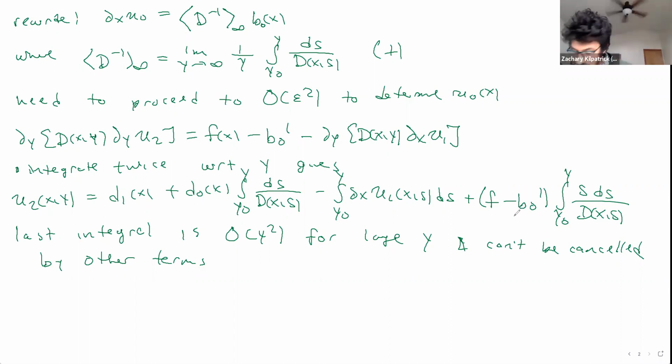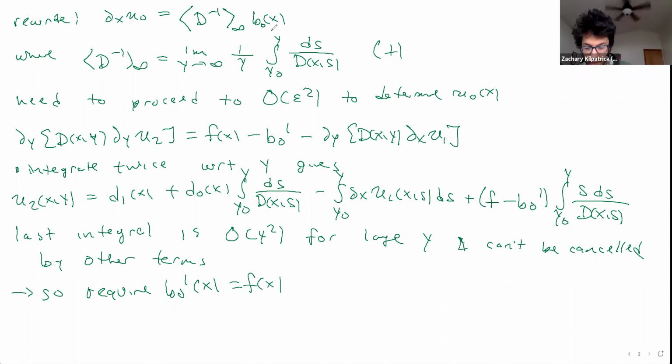So we can deal with this by requiring that b0 prime of x is equal to f of x. And that then allows us to specify what b0 is. It's just going to be the antiderivative of f of x.